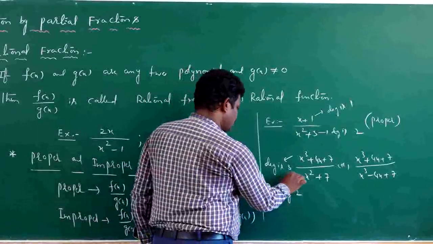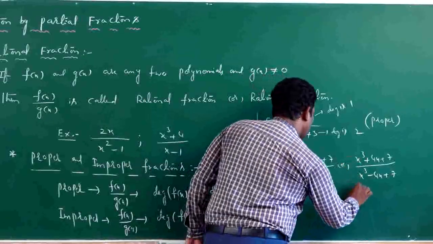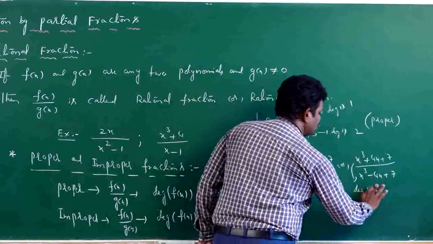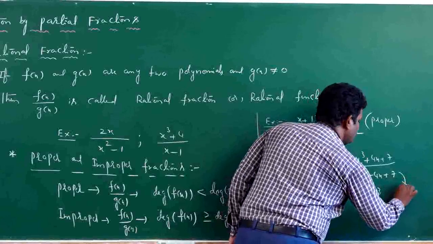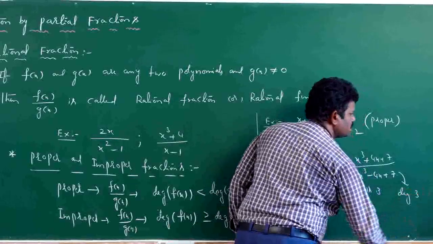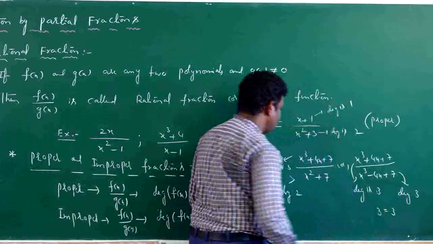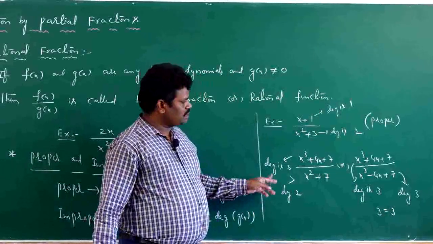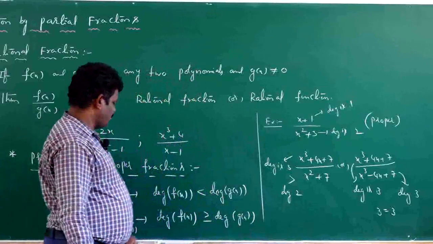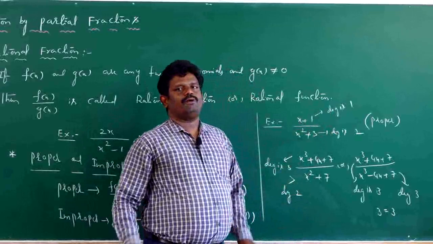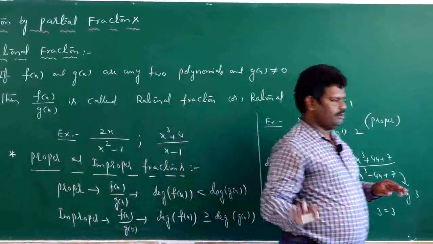In the second, the numerator degree is 3 and the denominator degree is also 3, so 3 is equal to 3. So the degree of f of x is greater than or equal to the degree of g of x, and these two are improper fractions. The earlier one is the proper fraction. Clear?